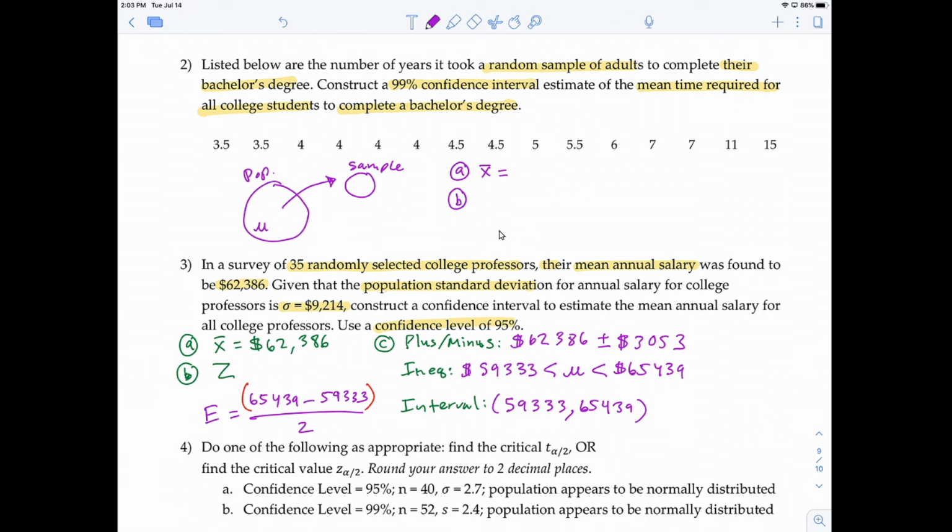First of all, this is a t distribution. It's actually easier to just identify whether it's z or t. It's a t distribution because we're not given sigma. The population standard deviation is not given in the problem, so we know it's a t distribution.